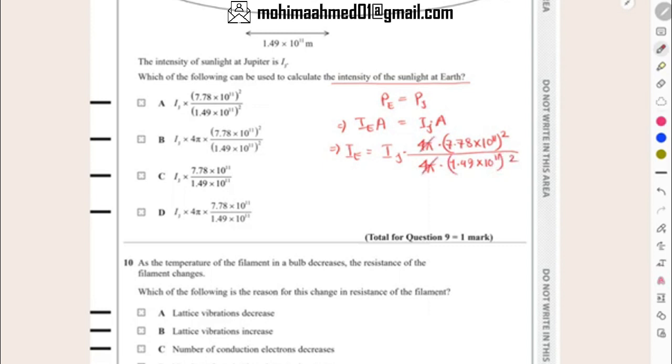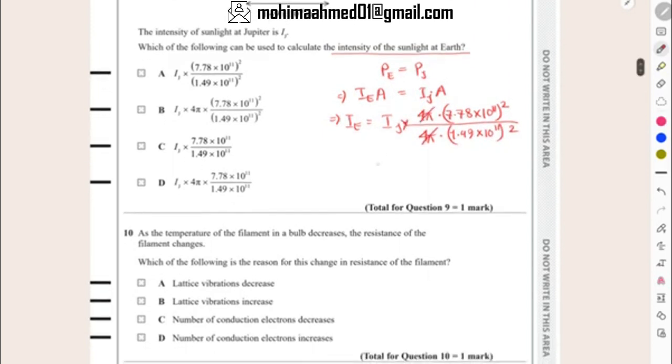As you can see, the 4 pi's will cancel with each other, and you're finally left with Ij multiplied by 7.78 times 10 to the power 11, squared. So this is how you're supposed to get your answer, and as you can see, this is your answer for option A. So we'll choose option A as the correct answer.